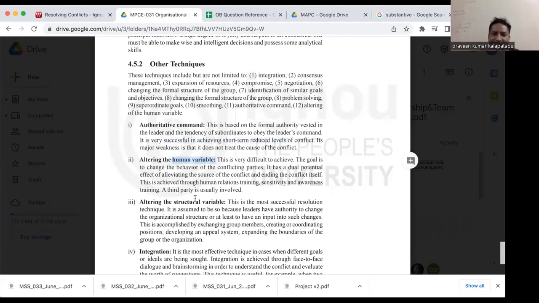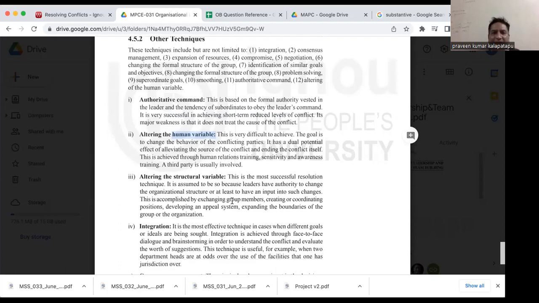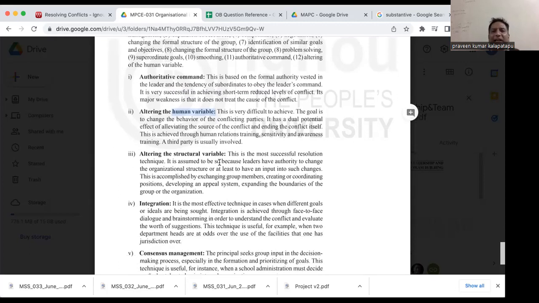This is not going to be straightforward, but in the entire chapter, one thing is evident: the conflict is all about perception, right? So you are addressing the root cause of that perception. Not just perception, but the way that people behave on that perception. That is exactly altering the variable.